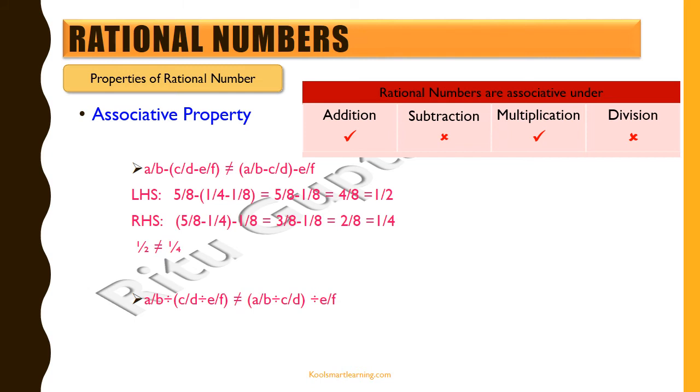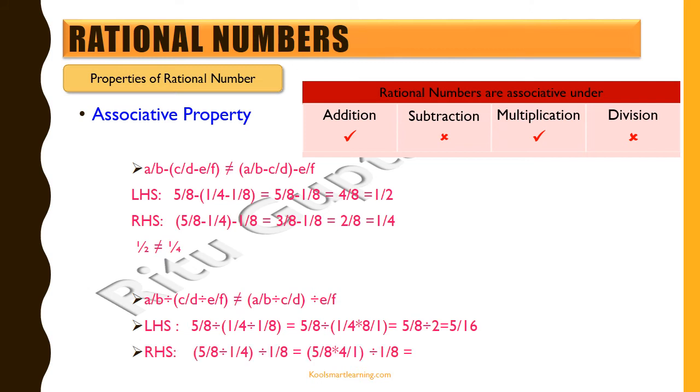When we change the brackets, A by B divided by, in bracket, C by D divided by E by F, it is not equal to first dividing A by B by C by D and then dividing this result by E by F. We again take the same rational numbers and let's see what happens. If we do 5 by 8 divided by, in bracket, 1 by 4 divided by 1 by 8, we're getting 5 by 8 divided by 2, which is 5 by 16.